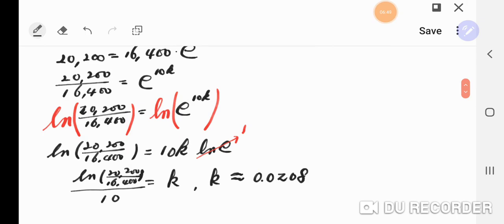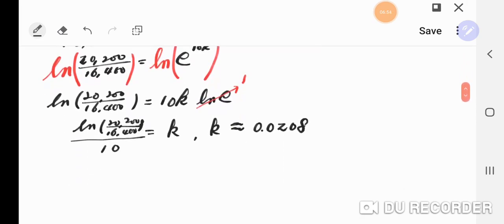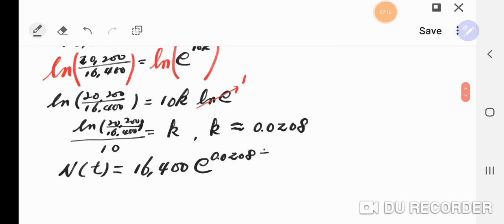Okay, so let's plug this back into the original model. N of t is equal to N0, which is 16,400, times e to the 0.0208t. So we have this function.